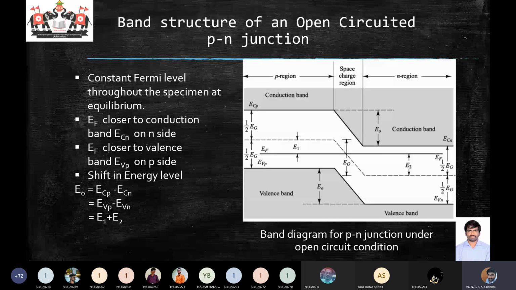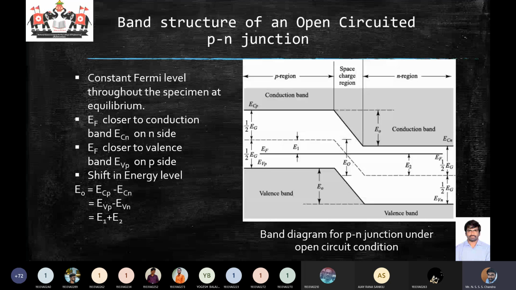So that's why we have taken the valence band energy level close to the EF on the P region side. So we cannot have uniform conduction band and valence band energy levels in the P region and N region, because in order to maintain the same EF, there should be two different conduction band energies and valence band energies. So as if there's some kind of energy transition when we are moving from P region to N region.